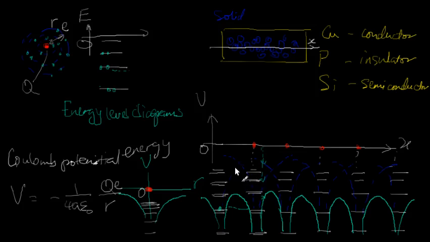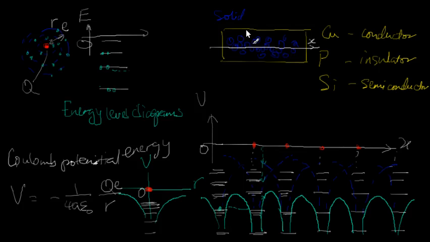Now, if I have three atoms together, you might imagine that each one of these would split into three levels. And it's the same for all the levels. And if I have many atoms together, it would split into many levels.